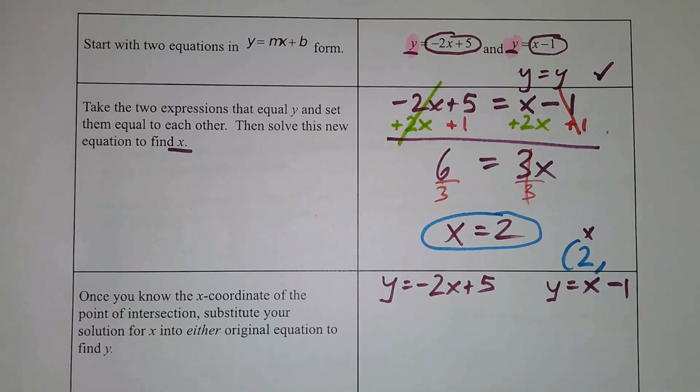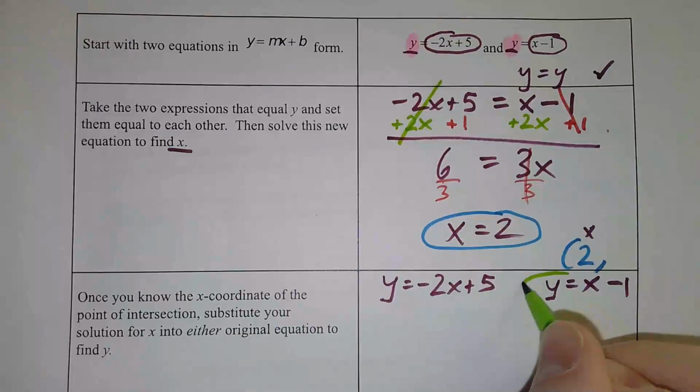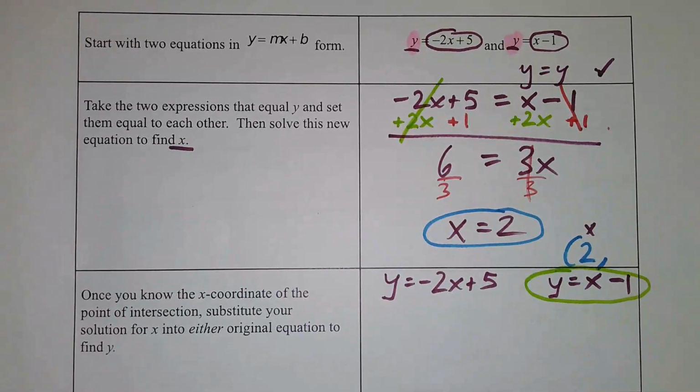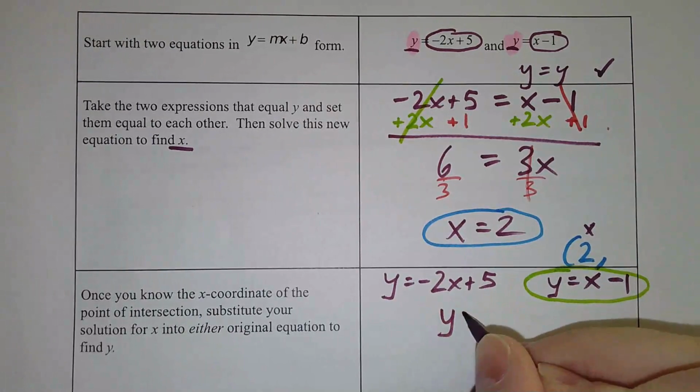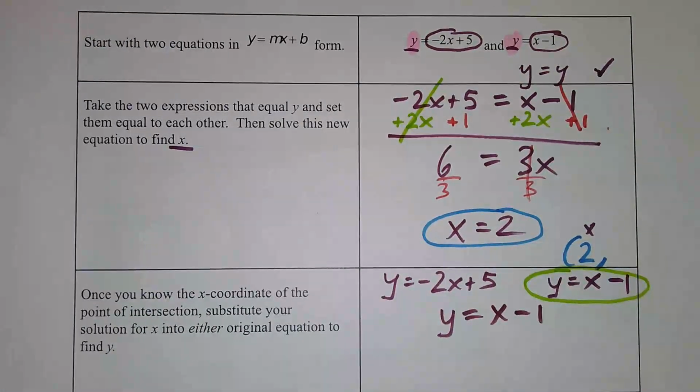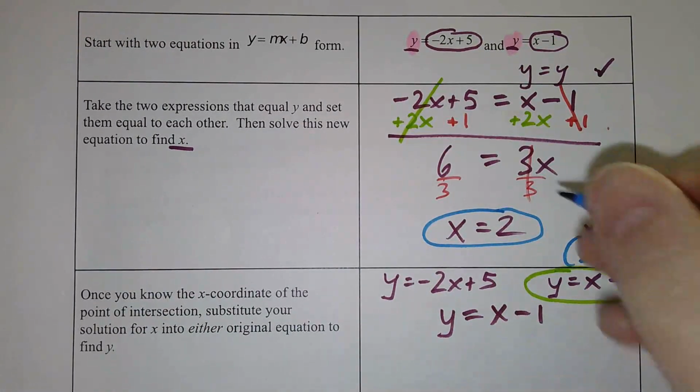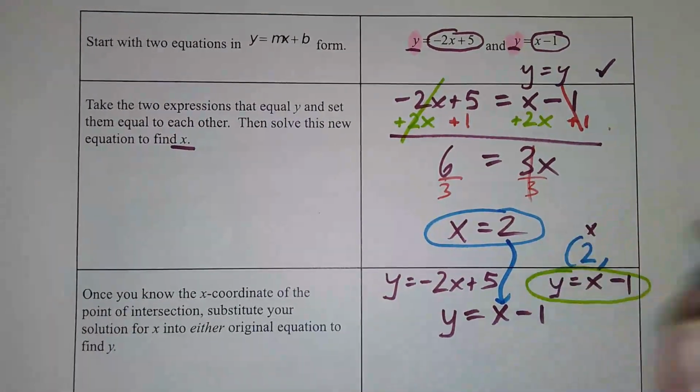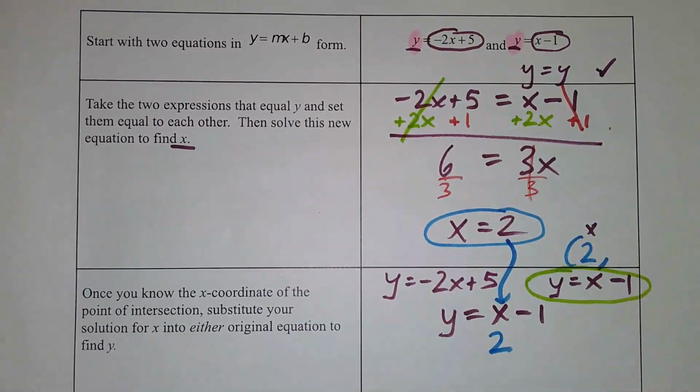There's definitely one that's clearly the go-to one here. It's going to be this one. So that's the easier equation. Okay, here we go. So we take this equation and we put the number 2 in. Okay? Any questions so far?